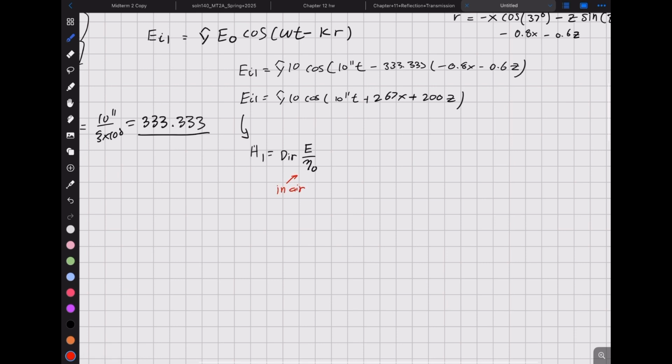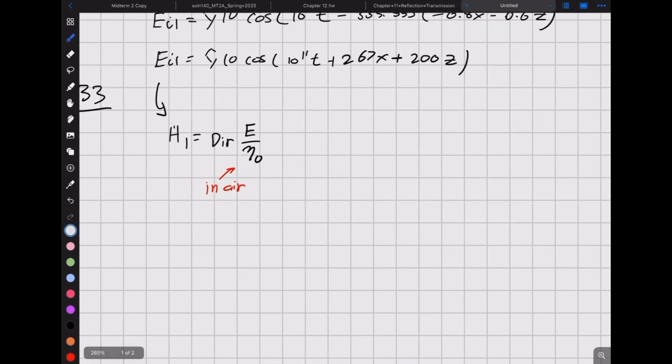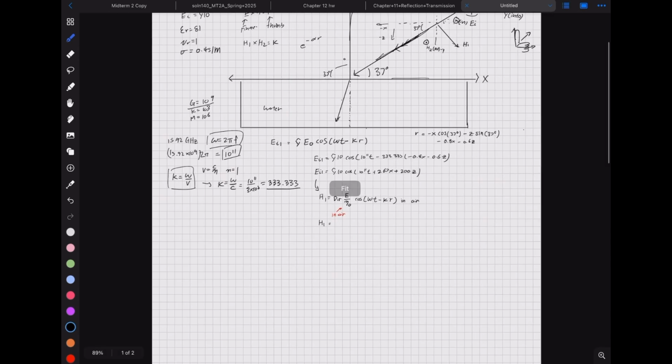When we're not in air, we will need to use the n term in it, but since we're in air, we're going to keep it this way. Cosine omega t minus k r. Okay, this is in air. Next we're going to have H1, the direction of this.